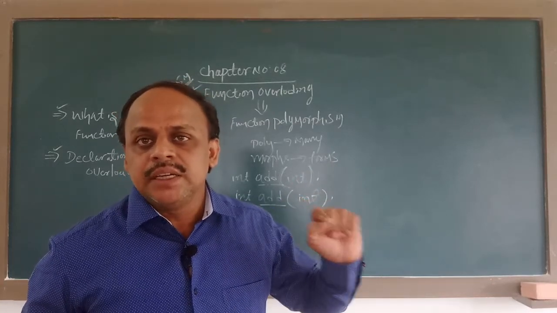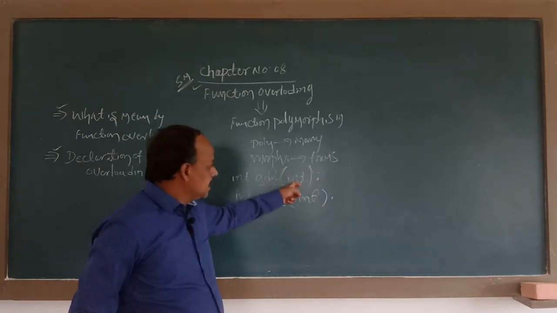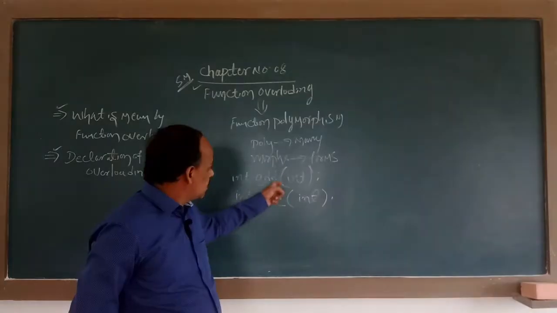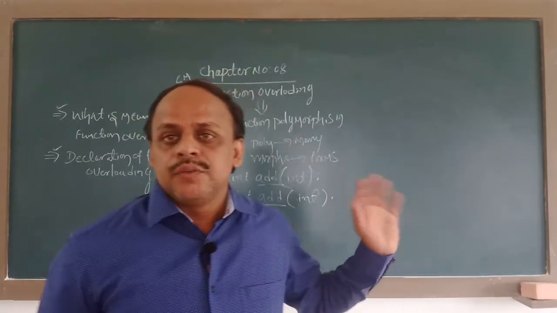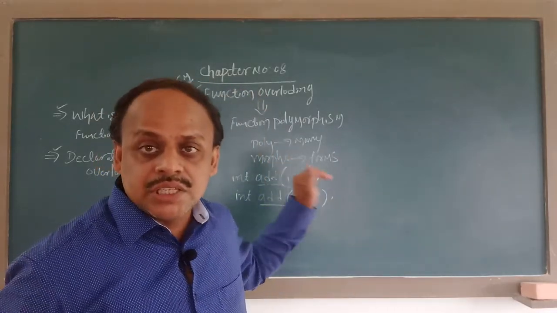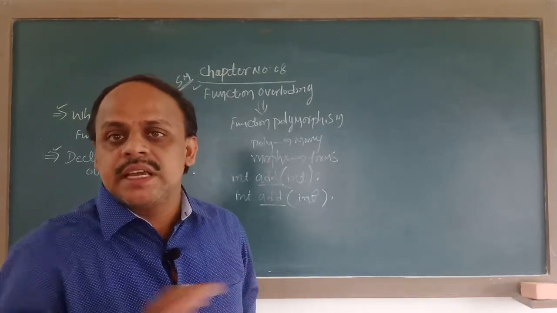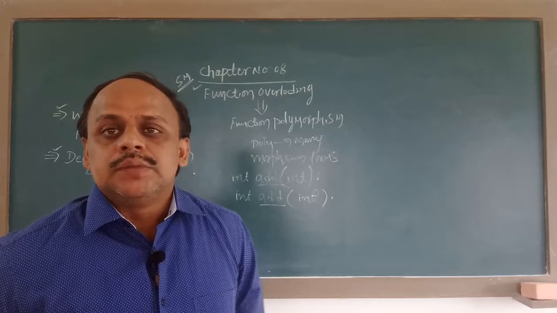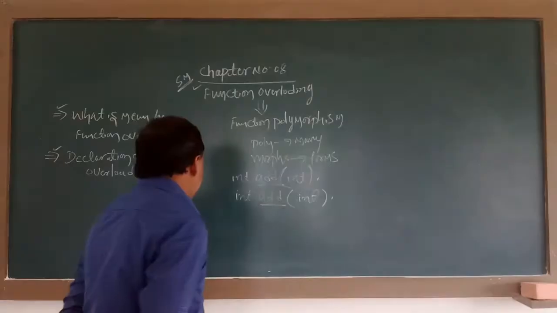Just observe here, the first function contains int data type, the second function also contains int data type, meaning this is called function signature. To allow function overloading, the function signature must not be matched. Let's see one example.